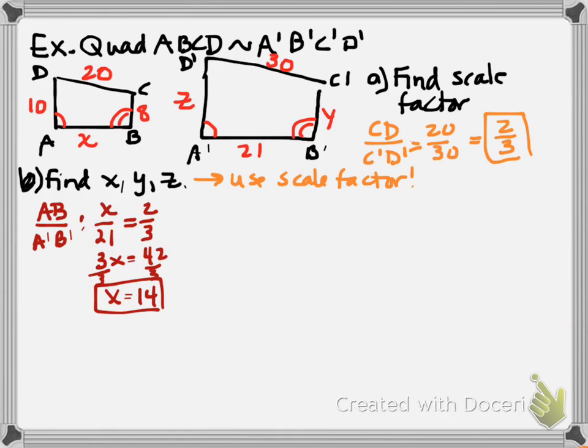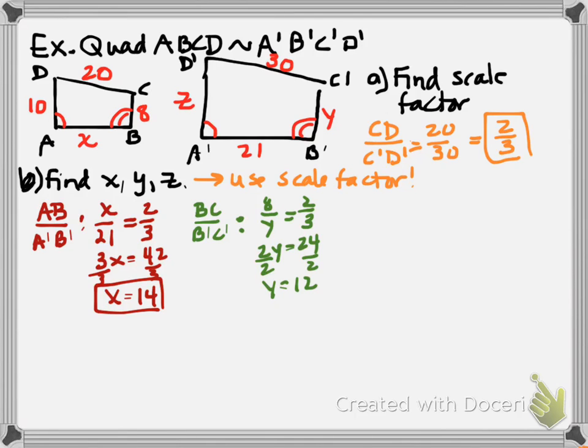And then let's look at y, that involves the B prime C prime. So we're going to have BC is to B prime C prime. We get 8 is to y as 2 is to 3. And again, we'll do cross products. We get 2y equals 24, divide by 2, we get y equals 12.